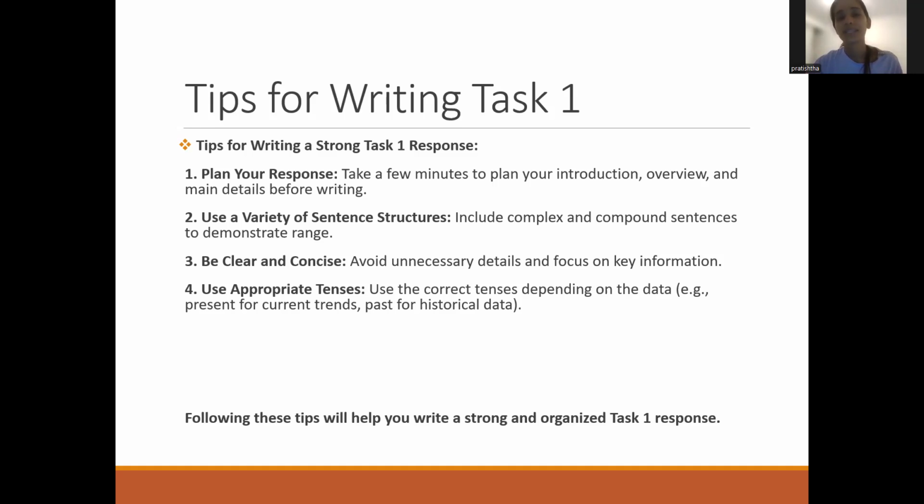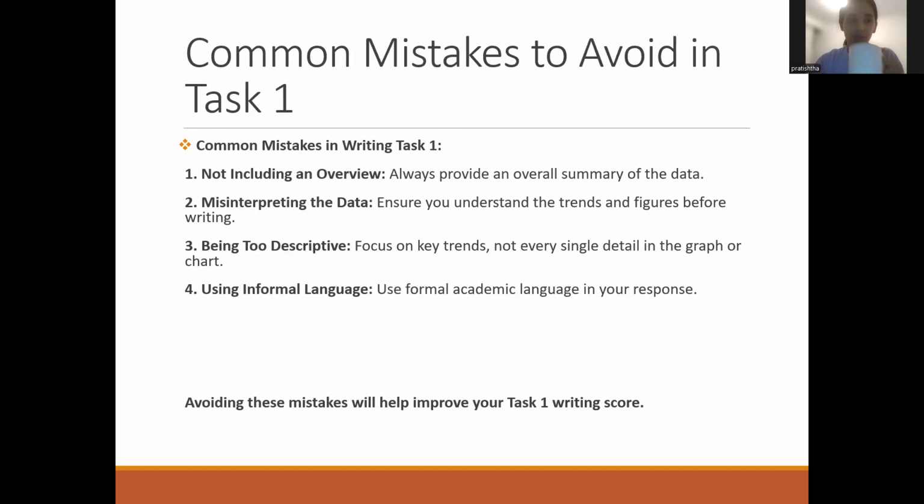Use appropriate tenses, right? So use the correct form of tenses that are required. I would suggest using all sorts of tenses, present, past, future, as much as you can, so that it shows variety. But then again, it should not look overdone, right?